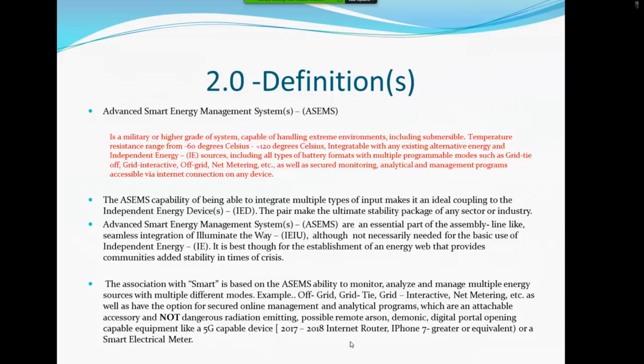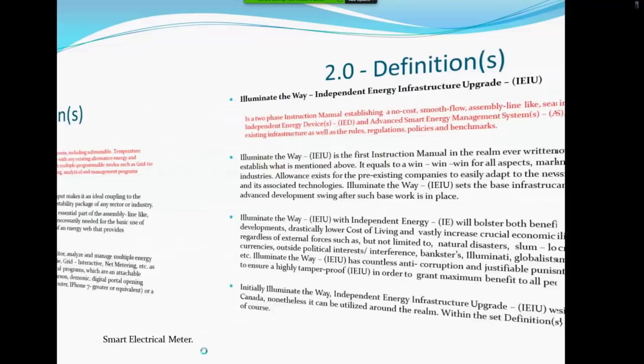The iPhone 7 or greater or equivalent, if you have a good provider and a new network, or a smart electrical meter. And we all know the smart electrical meters emit crazily dangerous electromagnetic radiation, as well as being arson equipment with just a little short signal, as with the fires in California.